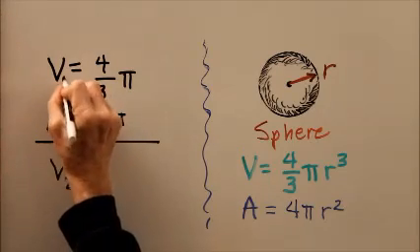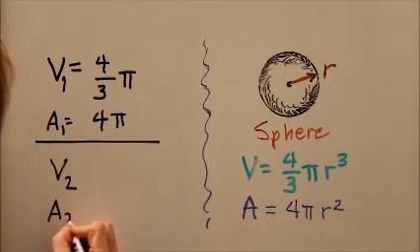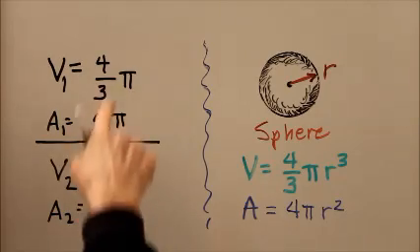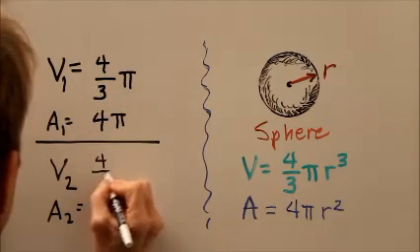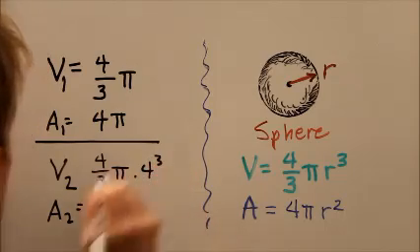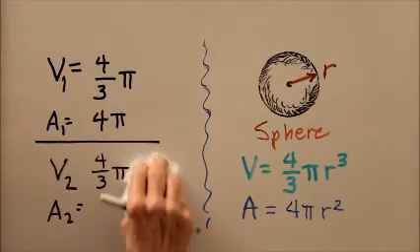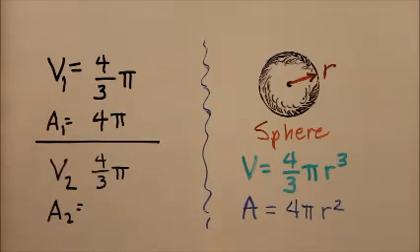Let's just say V1 and A1 for the initial and V2 and A2 for the final. V2 is 4/3 pi times 4 cubed, or 64 times the original volume.